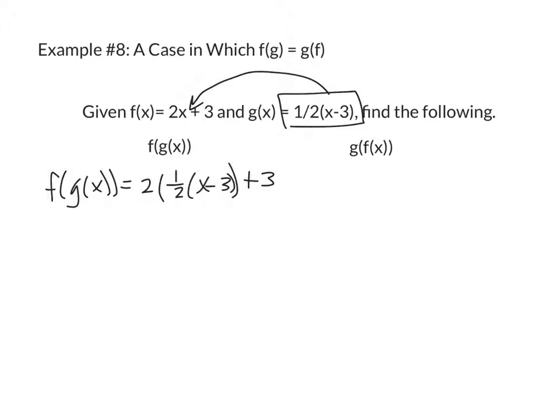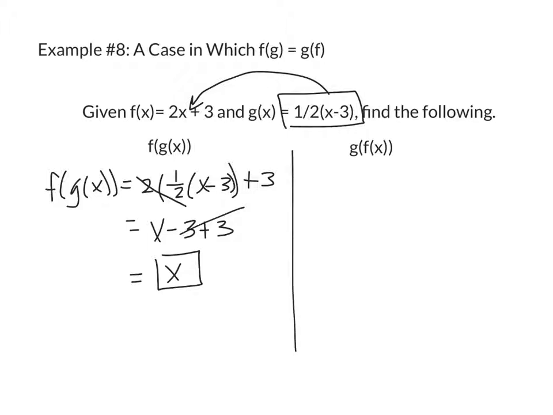We can multiply the 2 and 1/2, which cancel out. That leaves us with x minus 3 plus 3, which just leaves us with x.